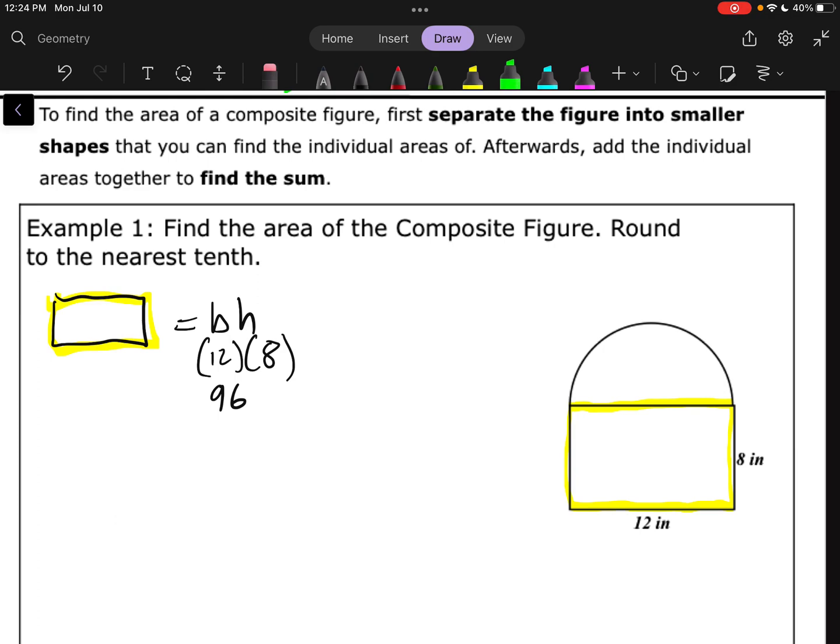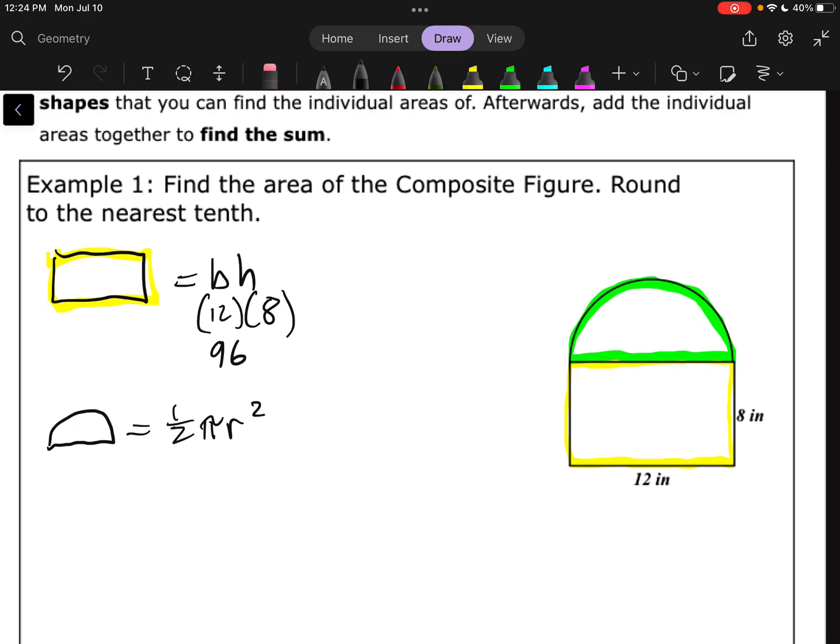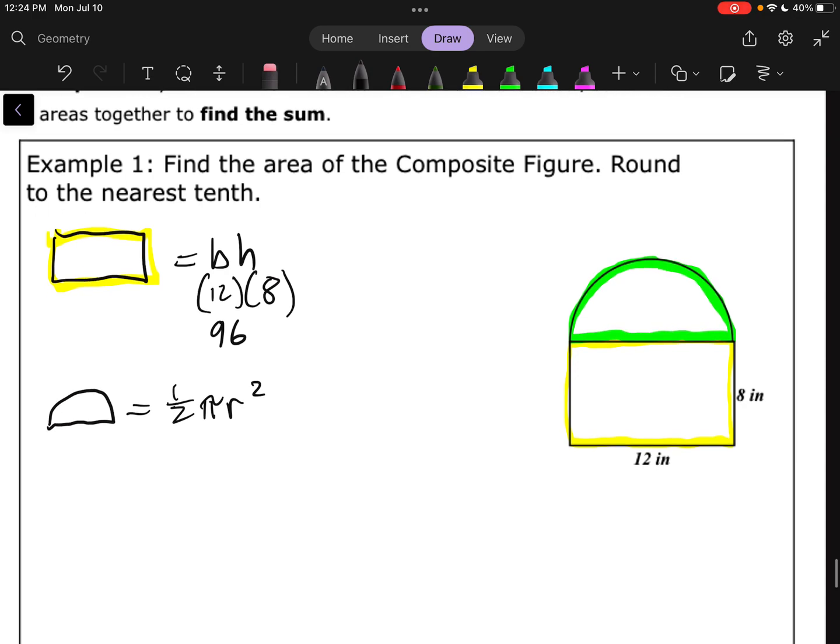And then we'll move on to the other shape, which seems to be half of a circle, a semicircle. Now, there is no normal formula for a semicircle that we saw in the last video, but I think it's safe to assume that we're cool with just doing 1/2 pi r squared, or pi r squared divided by 2.